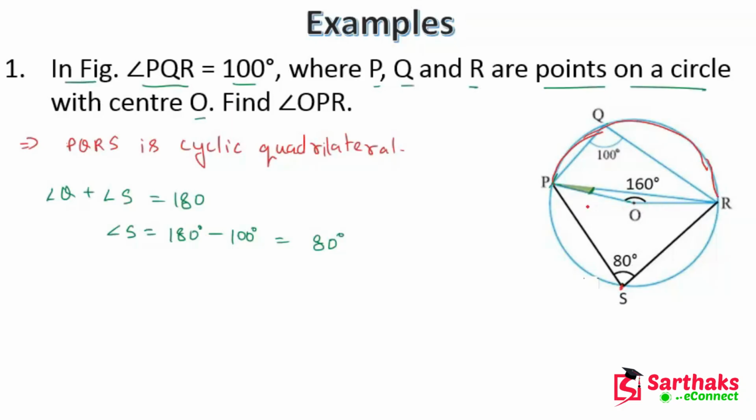We know that the angle subtended by an arc at the center is double the angle subtended by it at any other point.